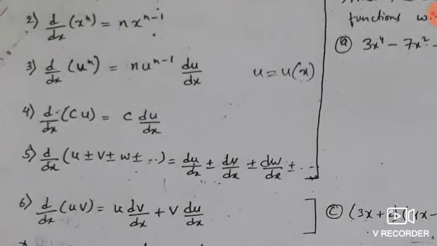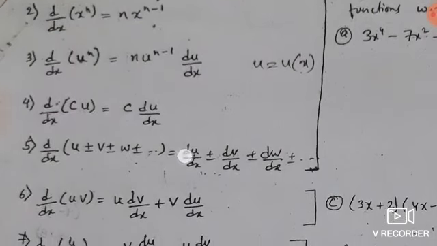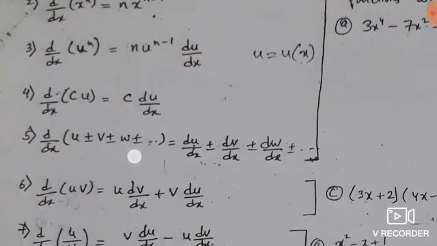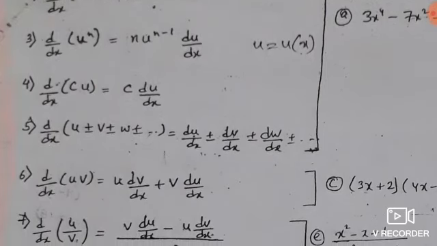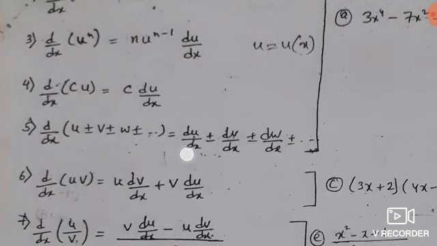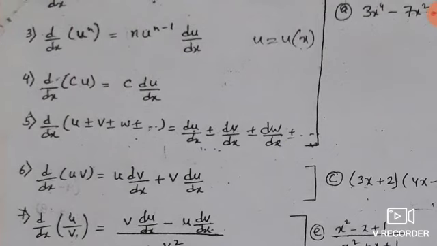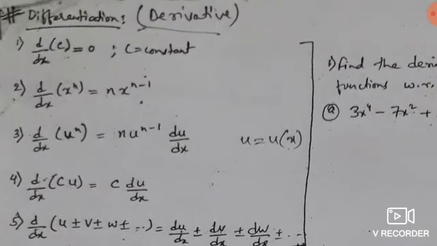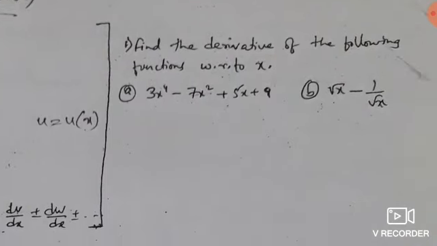Now let us see this formula: u plus or minus v plus or minus w, and so on. So d/dx of this sum of functions of x, we can break it into du/dx plus or minus dv/dx plus or minus dw/dx. These 5 formulas will be clear to you if we do this sum. With the help of this sum, it will be very clear.